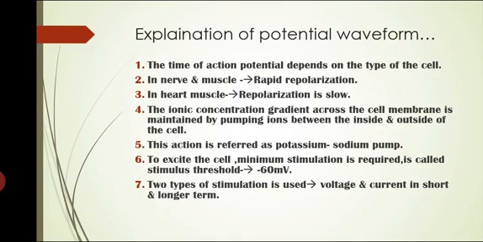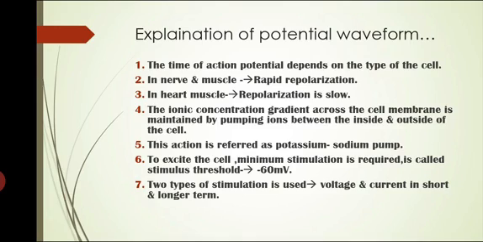In the same way, in heart muscles, repolarization is very slow, and that time is 150 millisecond to 300 millisecond. The ionic concentration gradient across the cell membrane is maintained by pumping ions between the inside and outside of the cell. This action is referred to as the potassium-sodium pump.